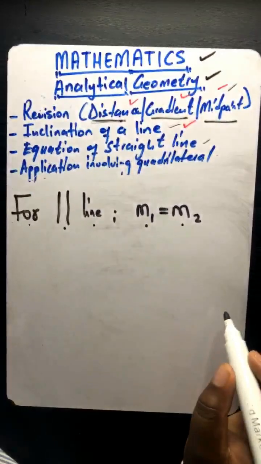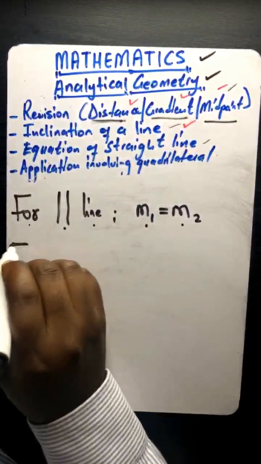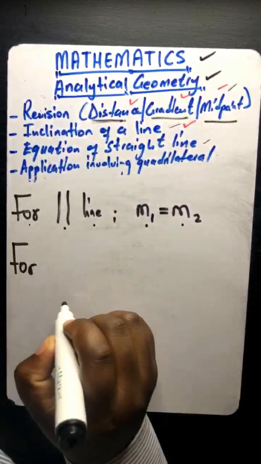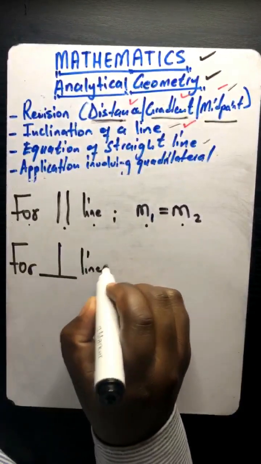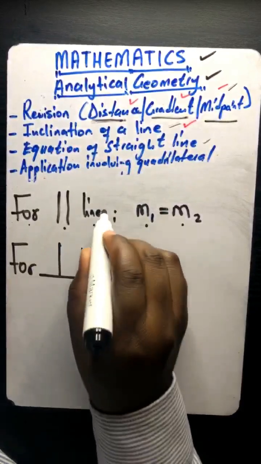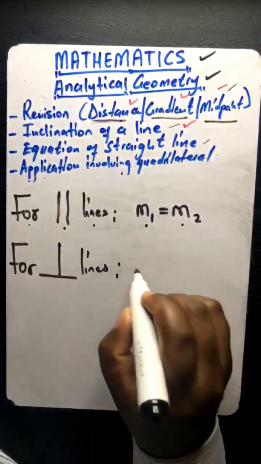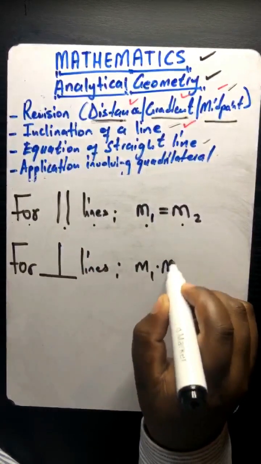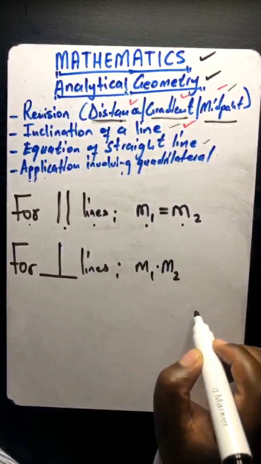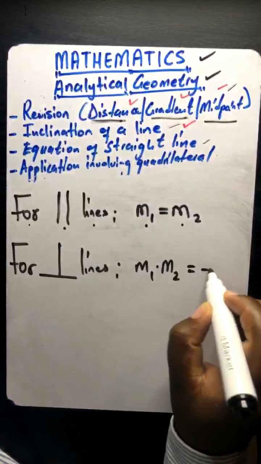So, number 2, for perpendicular lines. In this case, when you multiply the gradient of line 1 with the gradient of line 2, they will always give you -1.